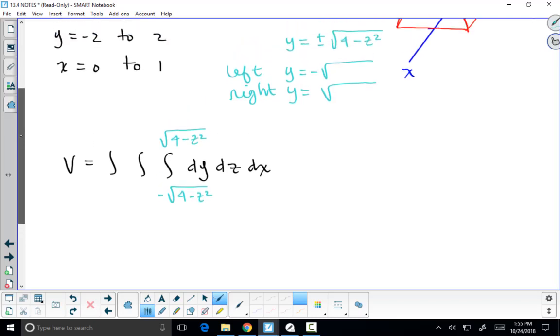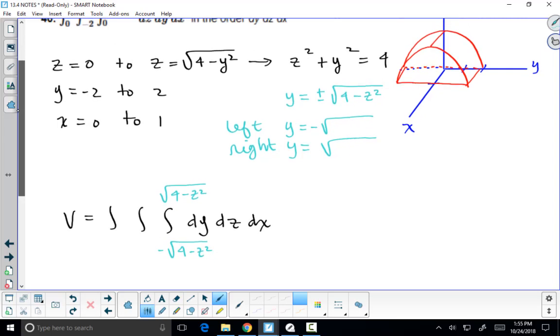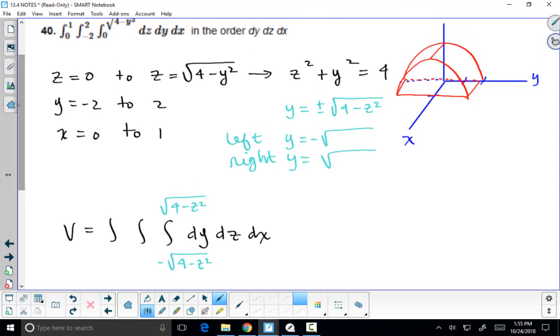And now we have to go to the xz plane. So the xz plane, the domain is in here, right? That's the domain. That little rectangle in the xz plane is the region where we have a surface to the right and a surface to the left of that.